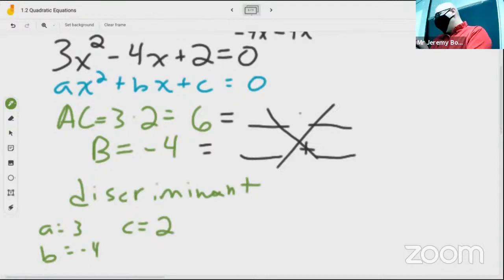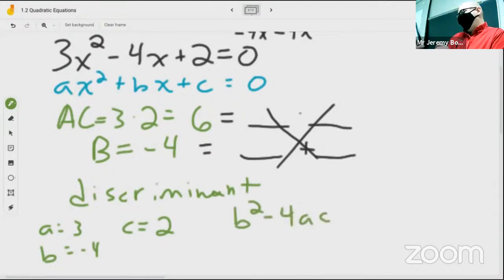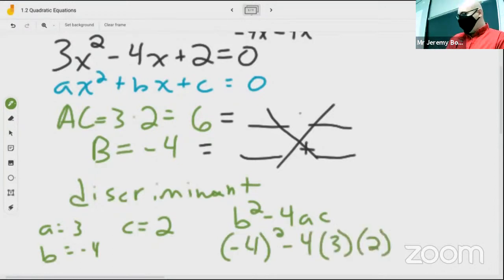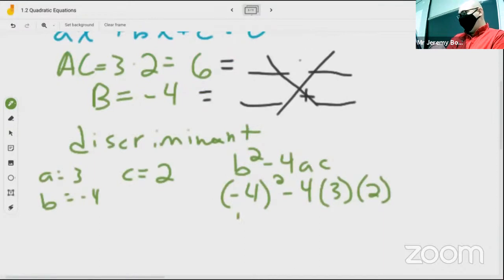Our discriminant, remember, is B squared minus 4AC. If we plug that in, it's going to be -4 squared minus 4 times 3 times 2. It's going to be positive 16 minus 24, which gives us -8.